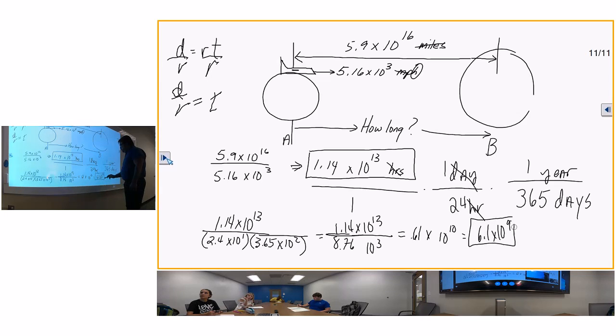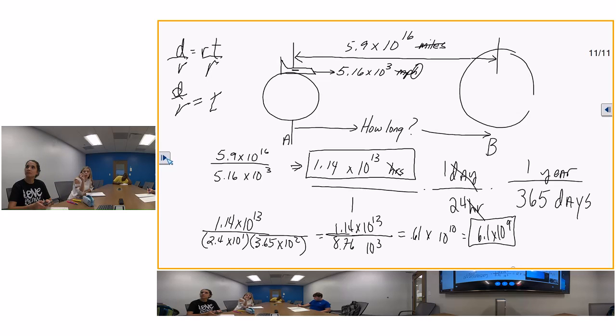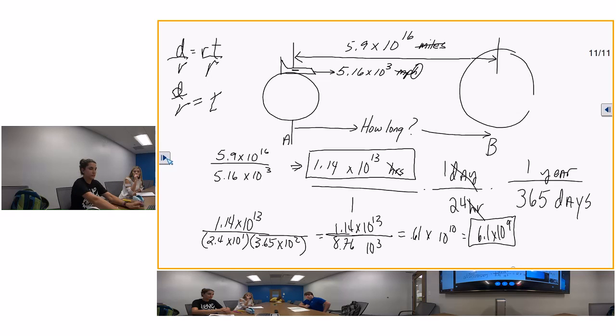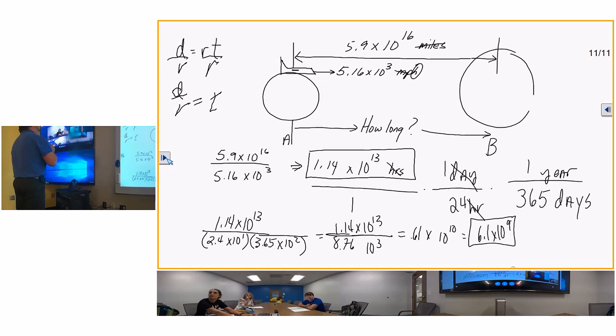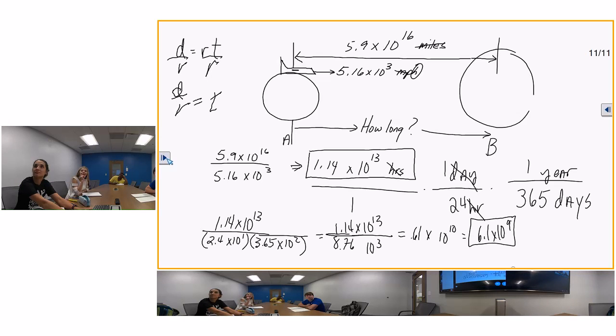Is there a way to move the screen because you're over the writing? Yeah, there's a little white arrow on the right hand side. Look to the right of my picture. Click on that, and then you can move that over to the other screen. Do you have just one screen? Yeah, we just have one screen.